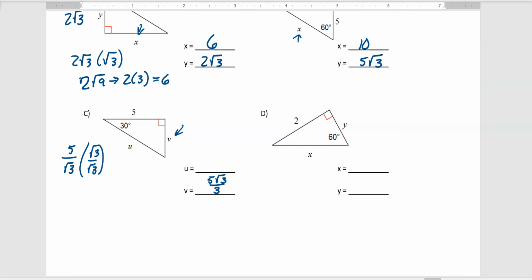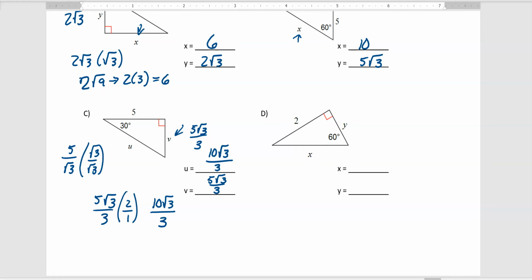I would double that, all right? If 5 root 3 over 3 is my short side, I would need to multiply that times 2. So 5 root 3 over 3 times 2 over 1 would give me 10 root 3 over 3. And that would be my hypotenuse, my longest side, my side opposite of the right angle.